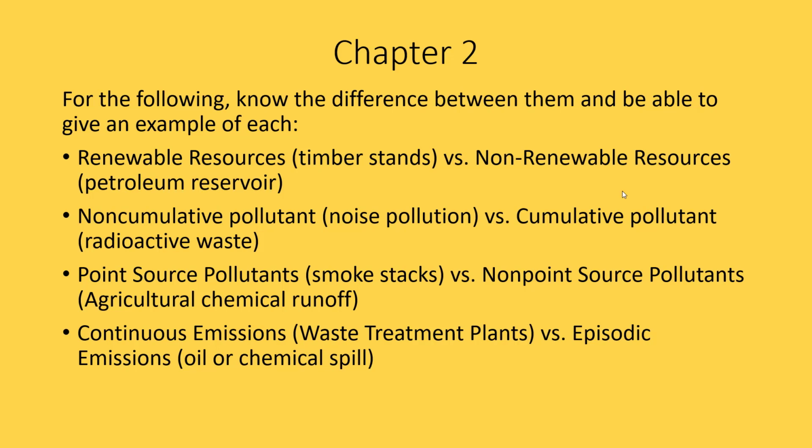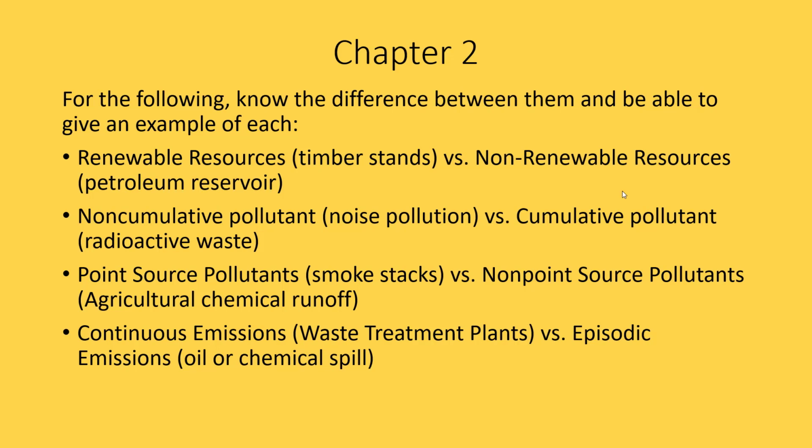You might have a hard time tracing that pollution back to its source. Now remember that point source pollutants are usually easier to regulate because you can find out who's doing the polluting, whereas non-point source pollutants might be more difficult to regulate because you don't know necessarily who to charge or give a citation to, as a result of it being vague where that pollution came from.